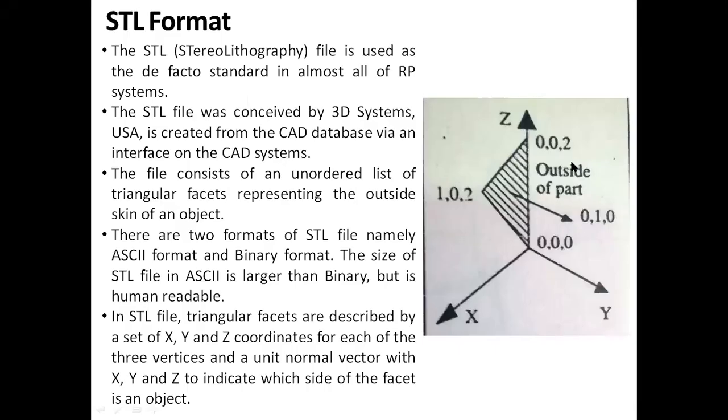So when you look at an STL format, STL is actually defined as stereolithography, and it actually came into being from 3D Systems USA, who developed the first commercially known RP process that is called stereolithography.